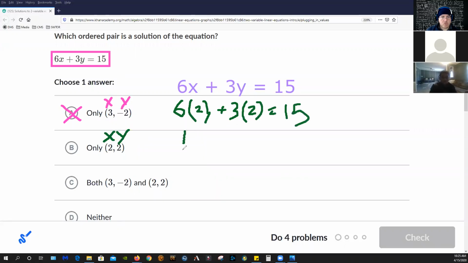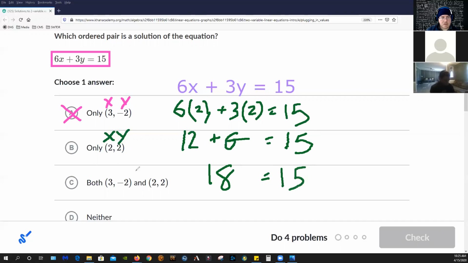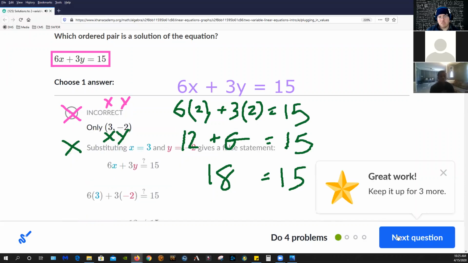Well, 6 times 2 is 12. 3 times 2 is 6. 12 plus 6 is 18. Is 18 equal to 15? No, it is not. So I guess neither is the correct answer for this one. And that actually turned out to be the correct answer.